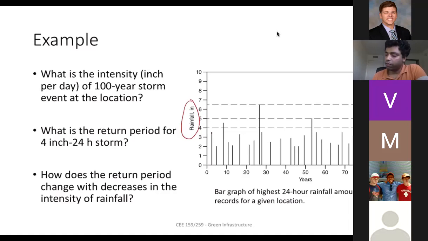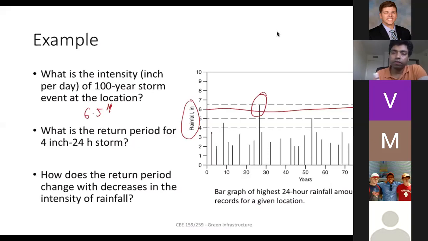So if you draw a line over here, there is only one rainfall that goes beyond that one, and that's the one that happened once in 100 years. The intensity over here is 6.5 inch. So the intensity of the 100-year storm event is 6.5 inch.